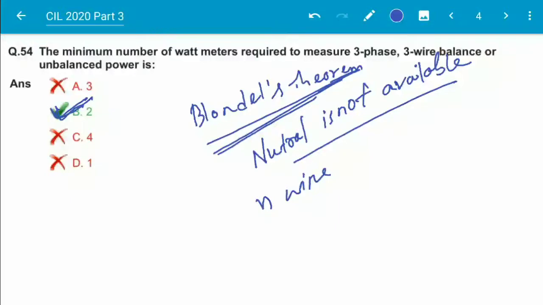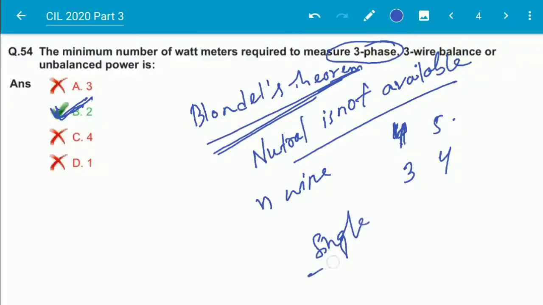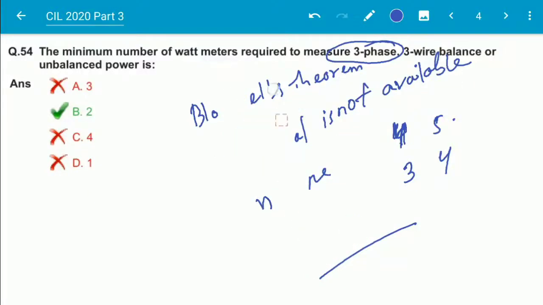If there is a 4-wire system, then 3 wattmeters are required. If this is a 5-wire system, then 4 wattmeters are required. For a balanced 3-phase 3-wire system, we can use a single wattmeter to measure the 3-phase power. But if the load is unbalanced, then we have to use at least 2 wattmeters.